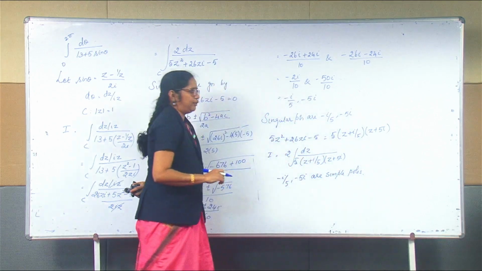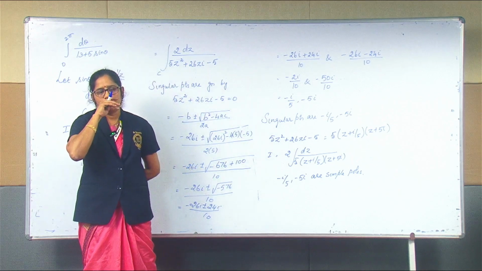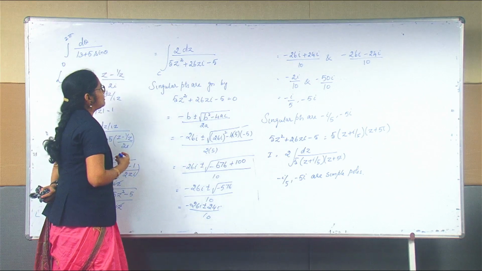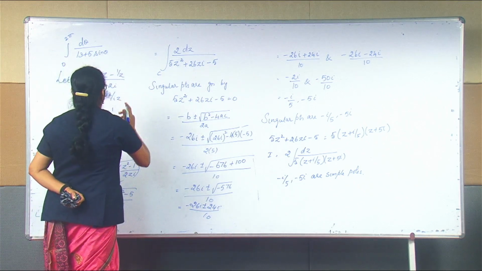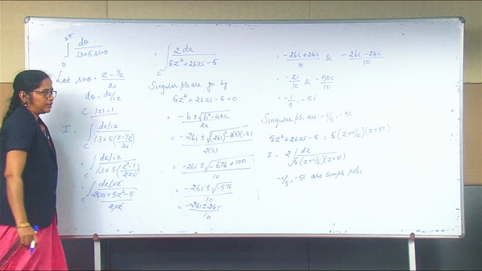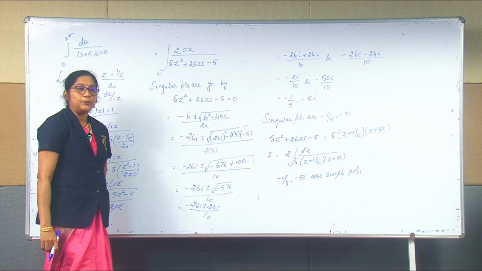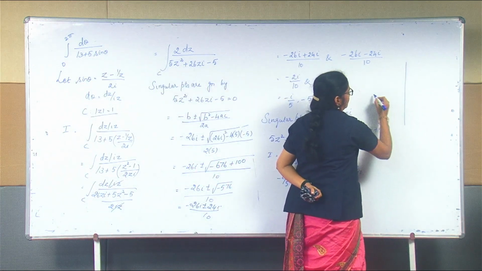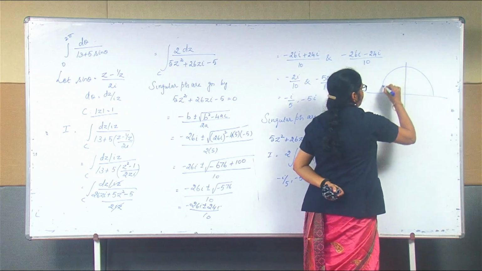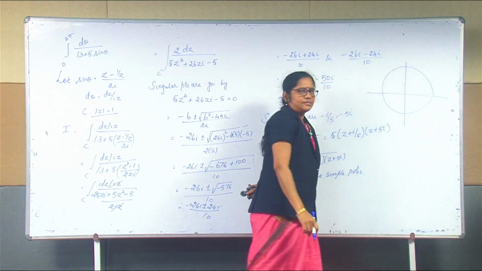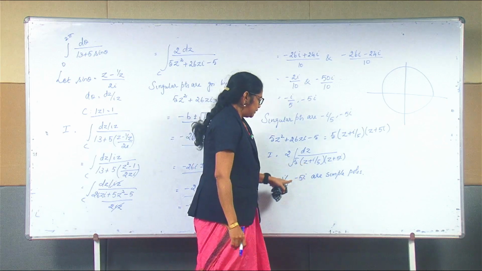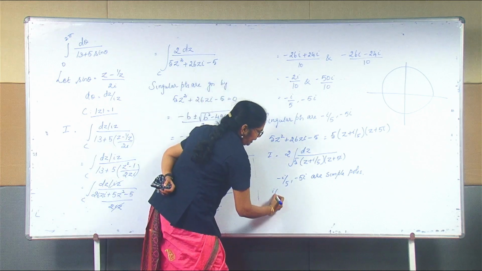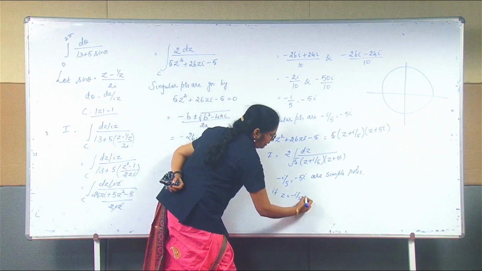Next we need to check whether the simple poles lie inside the given circle or not. Tell me, what is the given circle? The given circle C is mod z equal to 1, which means it is a unit circle. Here I would like to draw the unit circle, which means a circle with radius 1 is called a unit circle. So z equal to minus i by 5. What is modulus of minus i by 5?